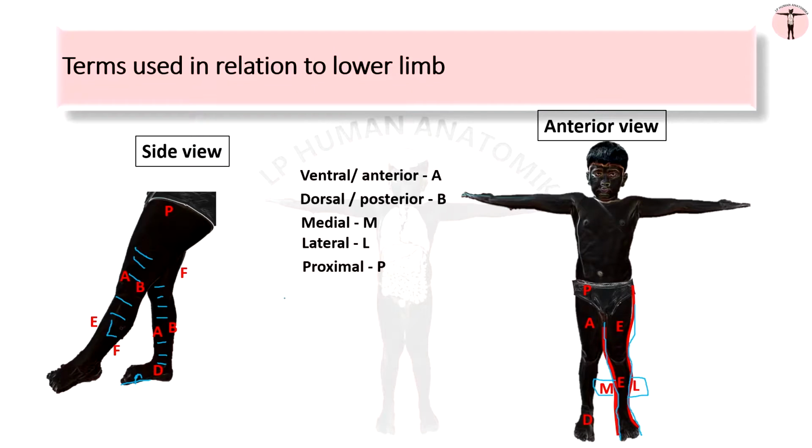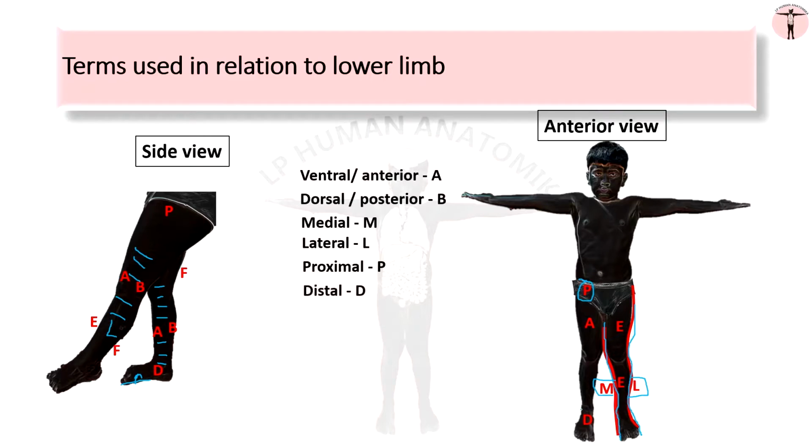Now, what is proximal and what is distal? Proximal is close to the root of the lower limb, the part which is attached to the trunk. That is the proximal part of the lower limb. And the free part where the foot is present, we call the distal end of the lower limb.